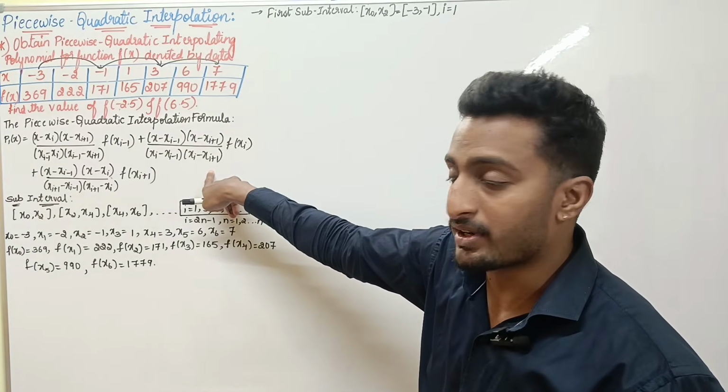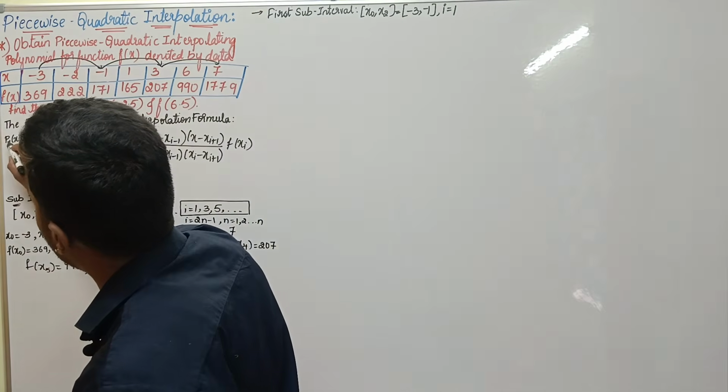Now let us represent the piecewise quadratic interpolation formula, that is p_i of x.